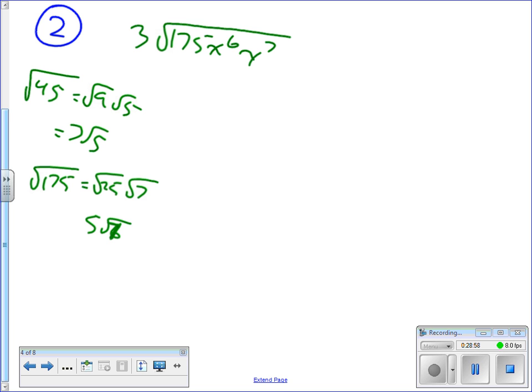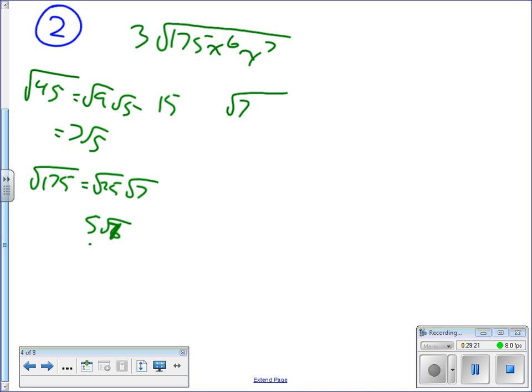So 5 root 7 is the square root of 175. I already have the 3 out front, right? So what's out front gets multiplied by what's out front. My numeric values, I get 15 for the 3 times the 5. And then still inside my radical is a 7.